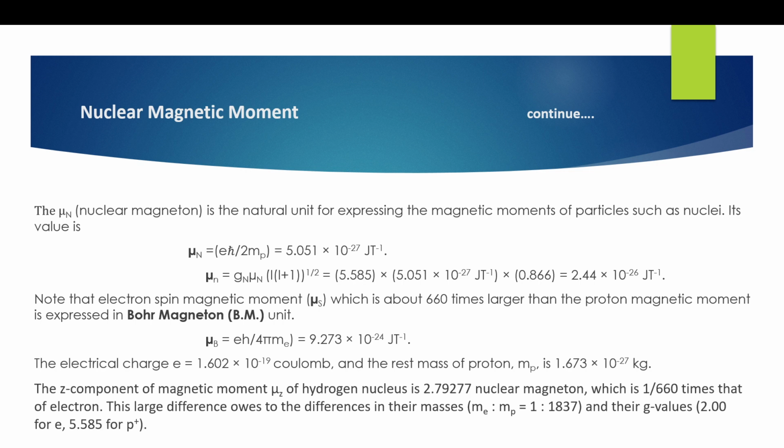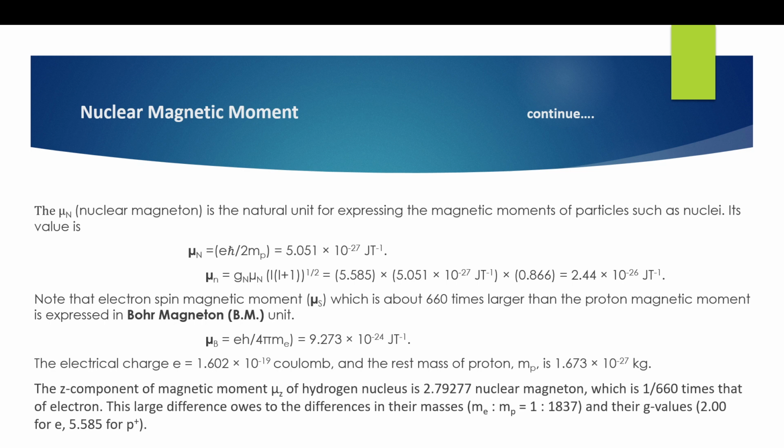The nuclear magneton, symbol mu subscripted by capital N, is the natural unit for expressing the magnetic moment of particles such as nuclei. Its value is mu N equal to eh upon 4 pi mp. mp means mass of proton, e means charge of proton, pi is a constant, you know. The value comes out to be 5.051 multiplied by 10 to the power minus 27 joule per Tesla.